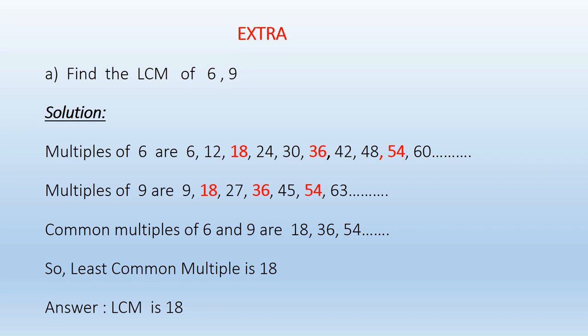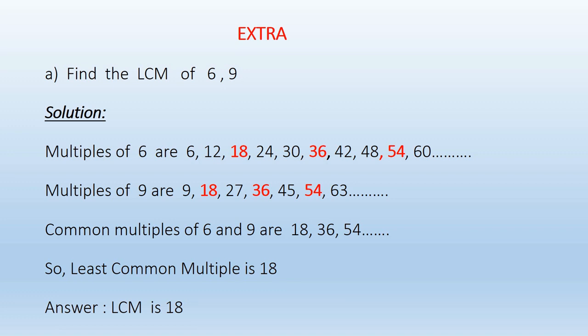Common multiples of 6 and 9 are, look on the screen, 18. 18 we are getting in the multiples of 6 and also in 9. 36 is the same. It is also in the multiples of 6 and also the multiples of 9. And 54, it is also a multiple of 6 and a multiple of 9.